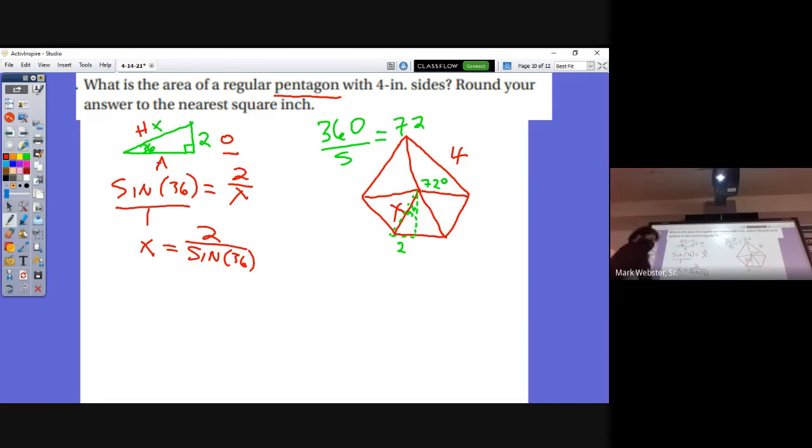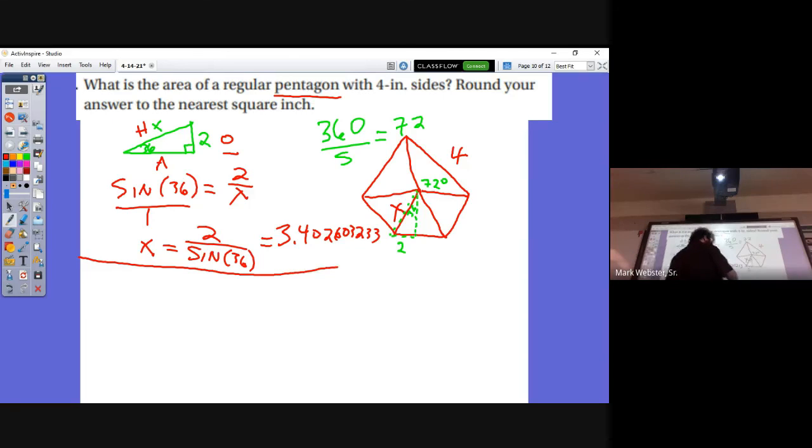And that gives us 2 divided by the sine of 36. Probably much bigger than 2. Well, relatively speaking. So we got that for our radius. This is the radius, what we just found.